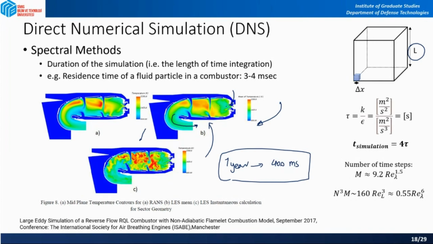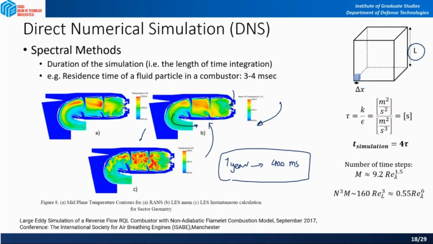So when you do the simulation for 400 milliseconds, it's quite high for you because you are having 100 residence times. You might not actually want 100 residence times. You just need to simulate, I don't know, 5 to 10 residence times of particles. If the fluid particle stays for 3 to 4 milliseconds, that is enough for you. So it doesn't need to be 400 milliseconds.